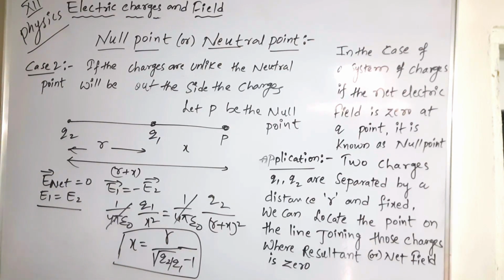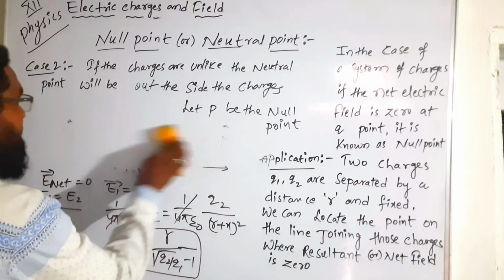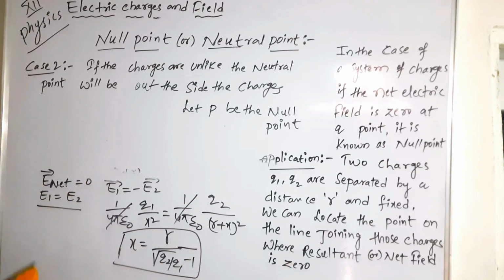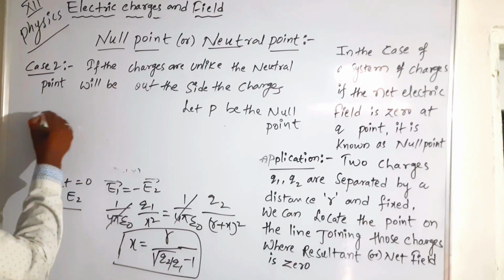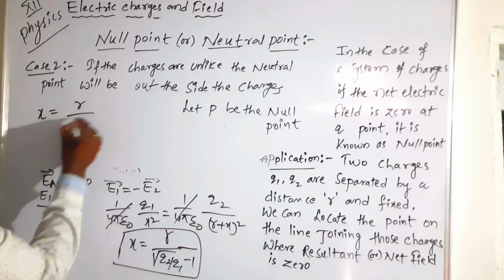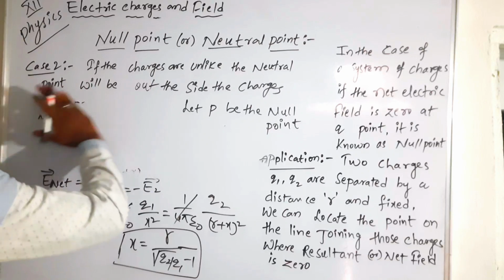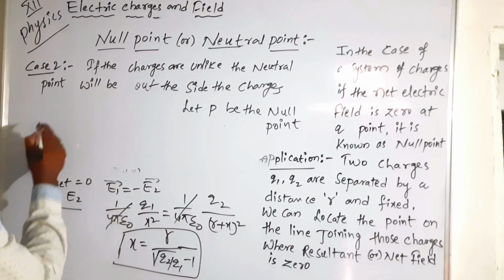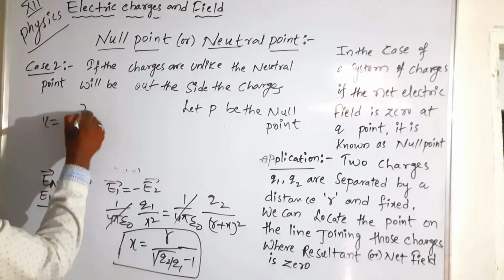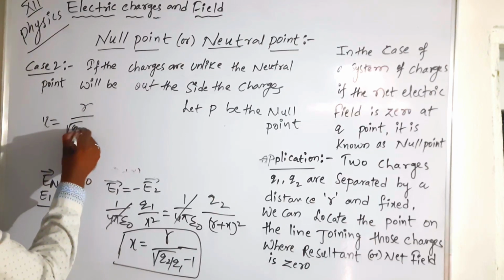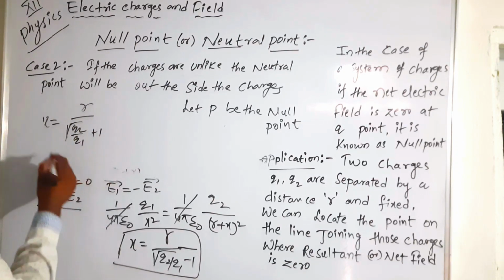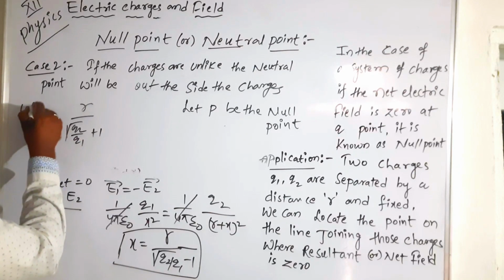So once again I am writing the formulas. For the null point between the two charges, case 1: x equals R by root over Q2 by Q1 plus 1.